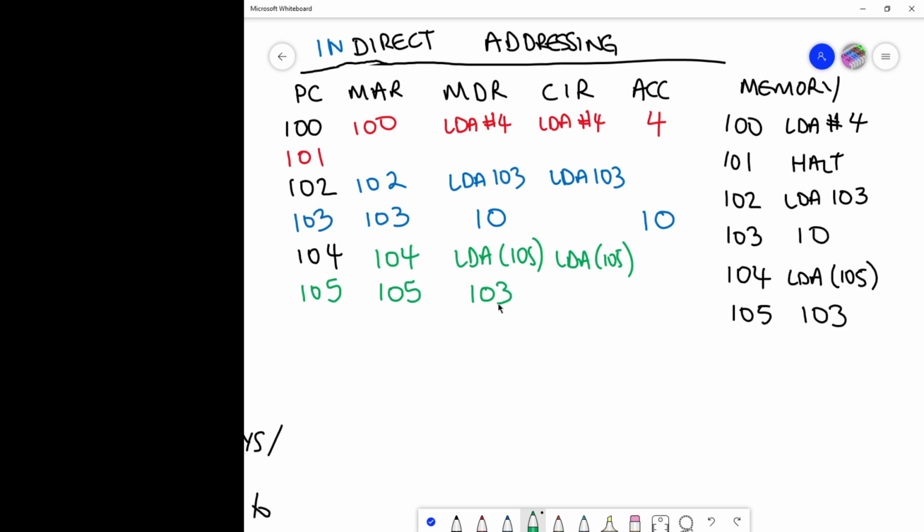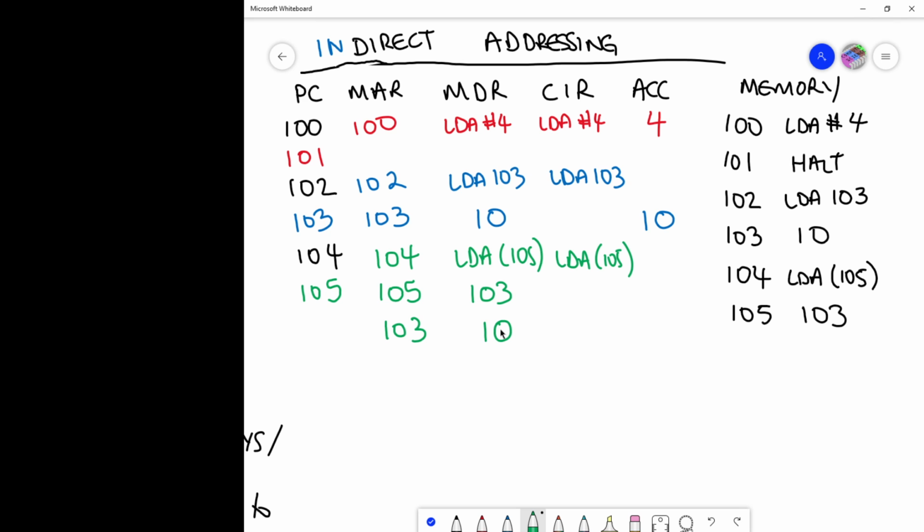Looks back at its current instruction register, and it goes, oh, indirect addressing. 103 isn't the data. 103 is an address. So it puts the address in the memory address register, and it goes, right, that's where the data is. That's what I'm going to load. So we do another read from memory, and at 103, we've got a 10. So we load, that arrives at the memory data register.